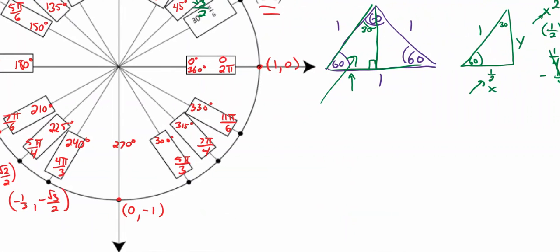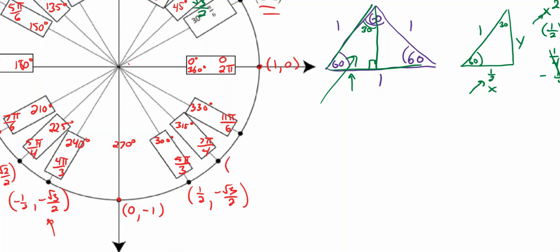And then as we move around, this one will be the same as this. That's going to be like our 60-degree angles again, from there to there. So then that one will be positive a half. Our x's are positive, but now our y's are still negative. So negative root 3 over 2.